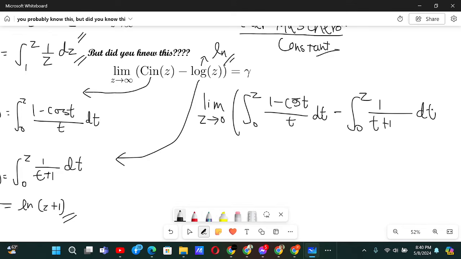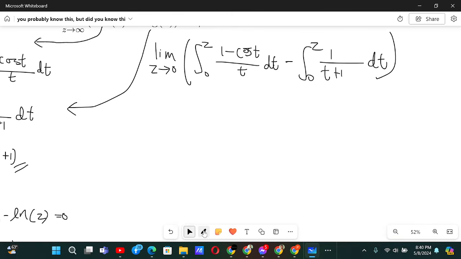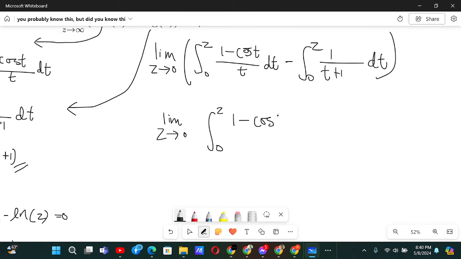Now since both of them are defined convergent integrals, we can group them. Limit g goes to infinity, integral from 0 to g of 1 by t, minus cos t by t, and then minus 1 by t plus 1, dt.